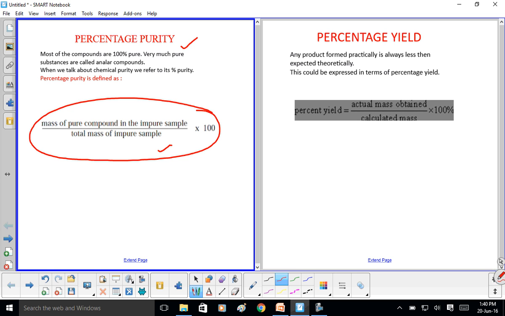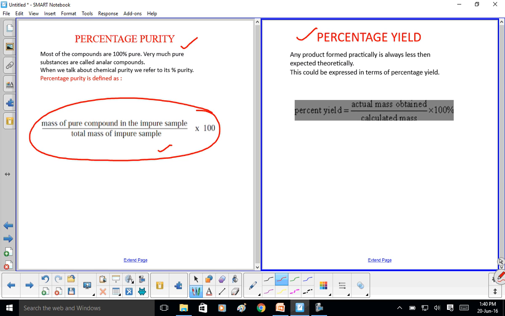Another formula is how to find percentage yield. Actually, any product found practically is always less than expected theoretically. For example, if you mix A plus B, theoretically you will get C. For example, the mass of C is 6 gram. This is on paper.